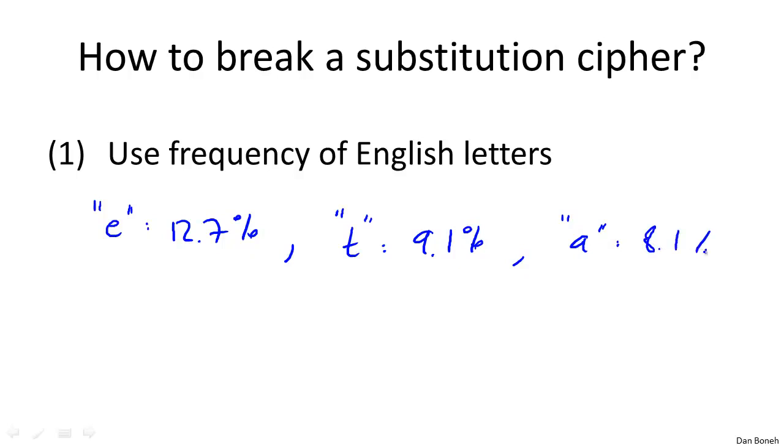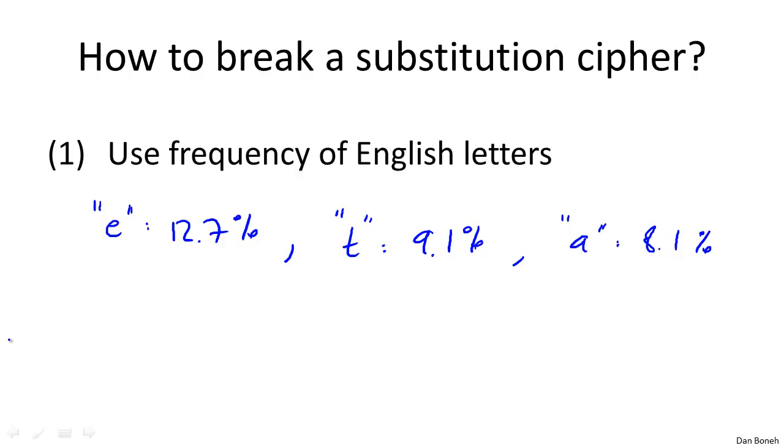It appears 8.1% of the time. So now I can guess that the third most common letter in the ciphertext is the encryption of the letter A. And now I've recovered 3 entries in the key table. Well, so now what do we do? The remaining letters in English appear roughly the same amount of time, other than some rare letters like Q and X. But we're kind of stuck at this point. We figured out 3 entries in the key table, but what do we do next?